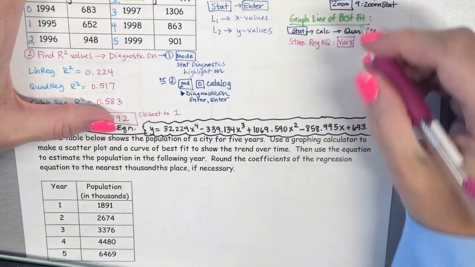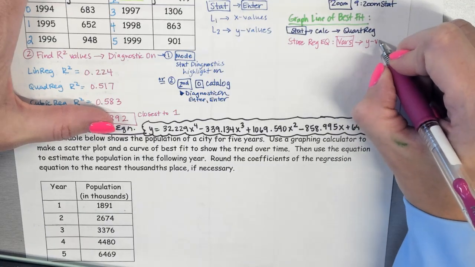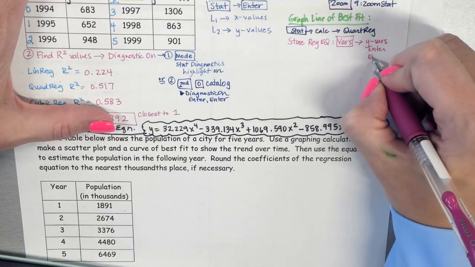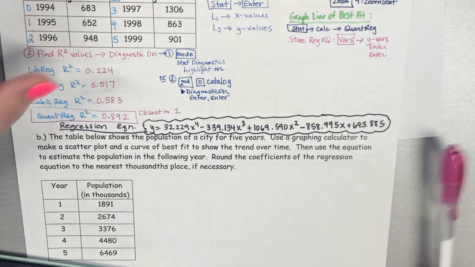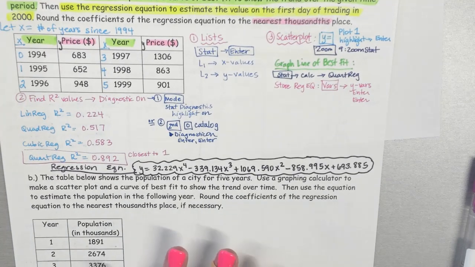Okay, and then when you go to vars, variables, we're going to go to the y variables, and then we're going to hit enter and enter. Okay, so go ahead and write that down. If you feel like you can follow those and you want to give it a try, you can do that. If you want to wait for me, I will walk you through it in just a moment.